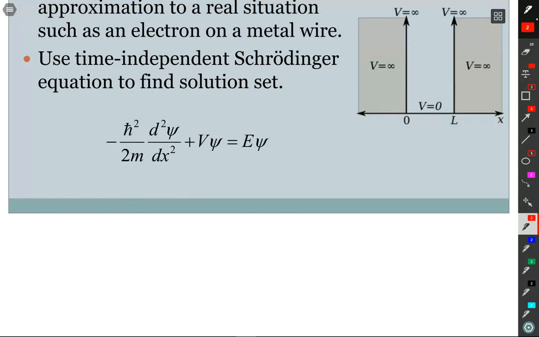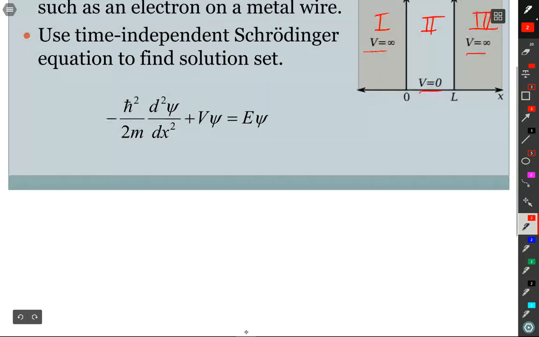But the first thing I'm going to do is insert this potential function and have three different Schrödinger equations, one for region 1, one for region 2, and one for region 3. So in region 1, that means x is less than 0.